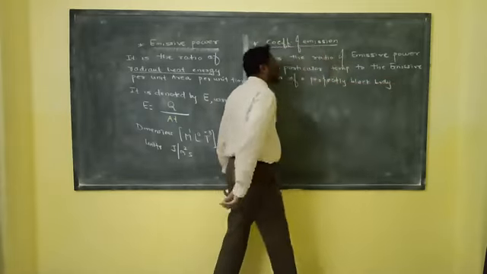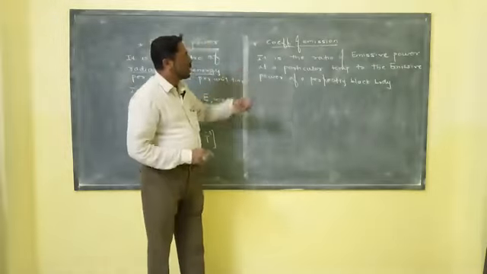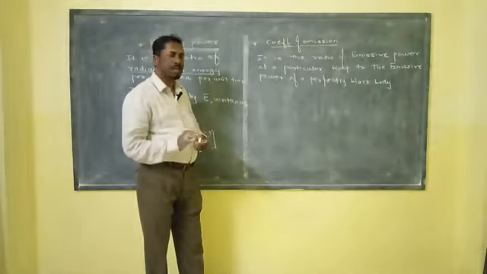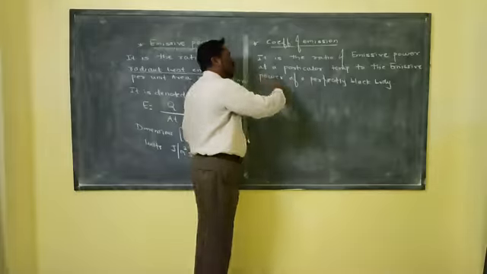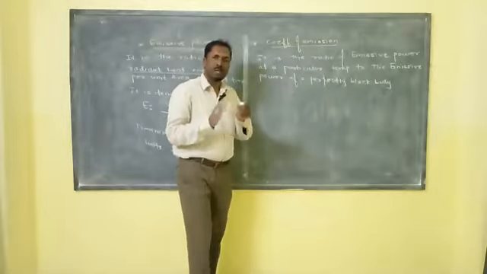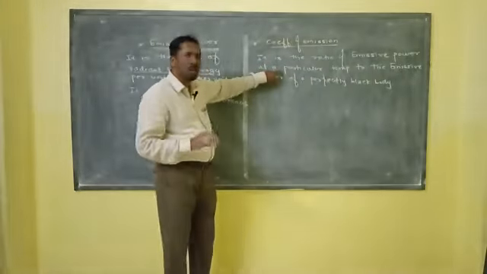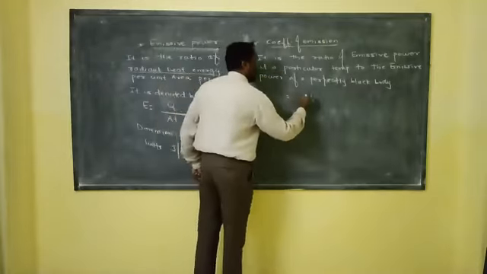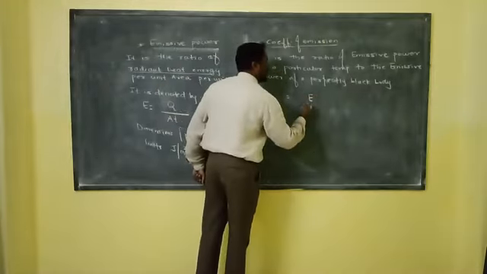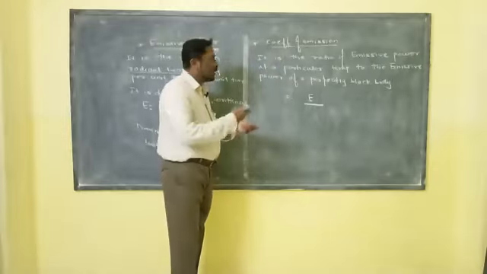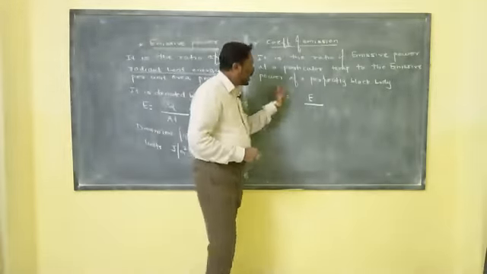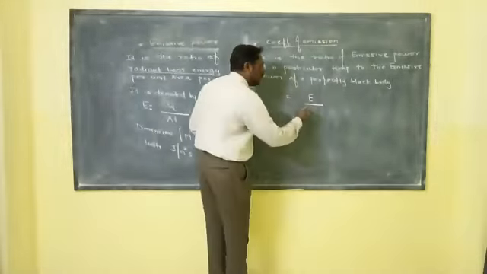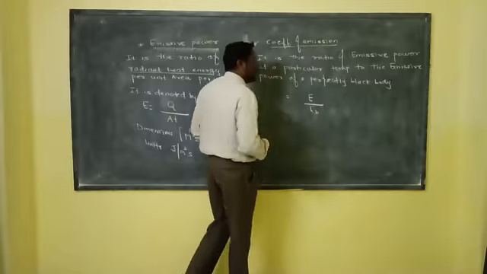Just try to get the meaning: what do we understand by coefficient of emission? It is the ratio of emissive power of a body at a particular temperature, that is, an ordinary body. Emissive power of an ordinary body, denoted by E, to the emissive power of a perfectly black body, that is EB.